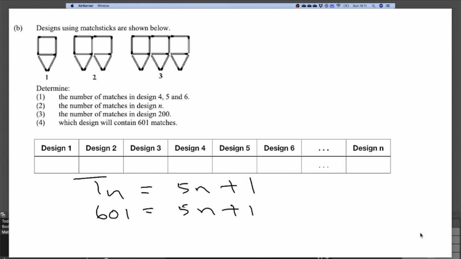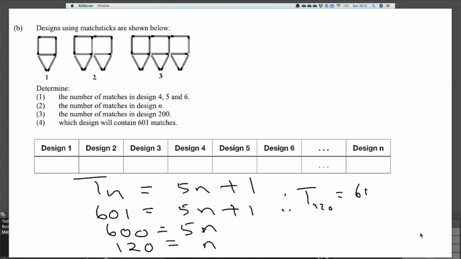So we are looking for n. We will then collect our like terms like normal, and that will give you 600 is equal to 5n. Then if you divide by 5, you should get 120. Therefore, that means T120 is equal to 601.